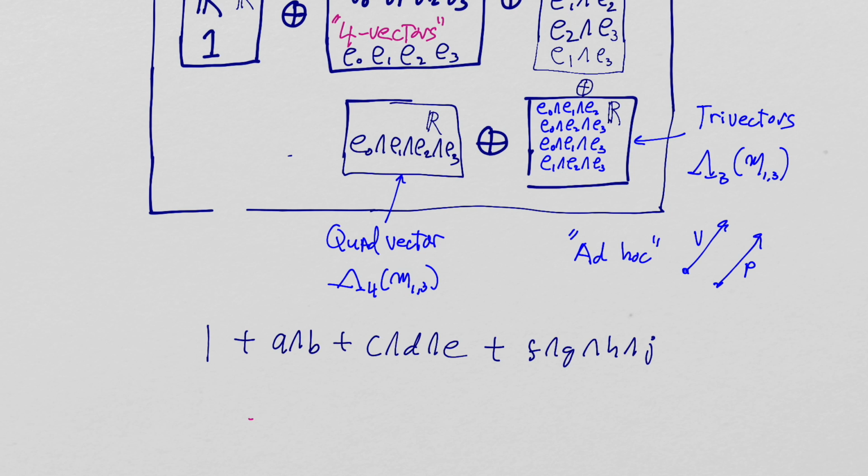If I add these four things together, I get some sort of multivector. Any sum like this is a multivector. Now, those multivectors don't have to have each part, right? I could have a multivector with just a trivector and a real number. I could have a multivector with just a bivector and a quad vector. I could have a multivector which is just a bivector. Now, if I had a multivector that was just a bivector, that's actually given the name a blade.